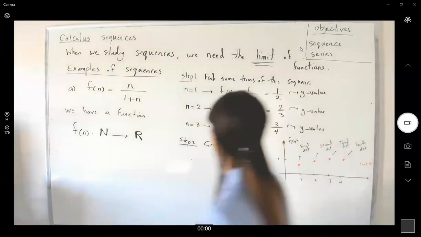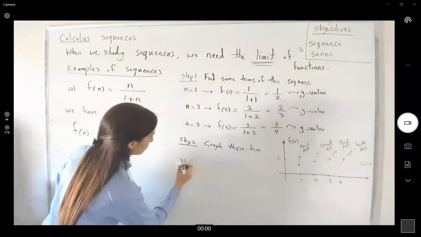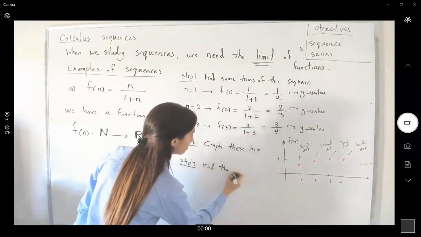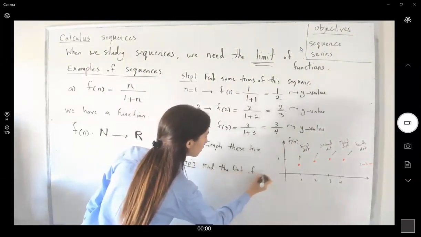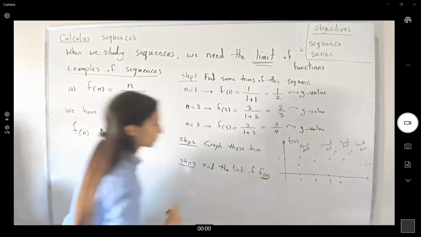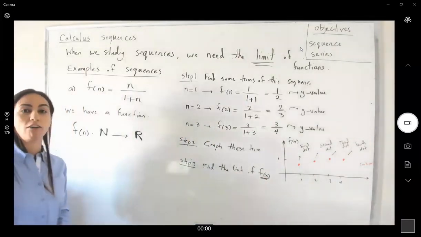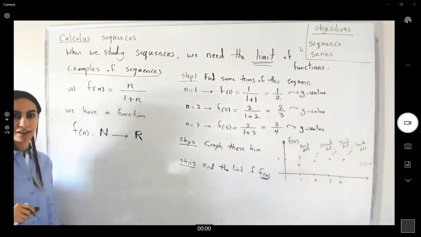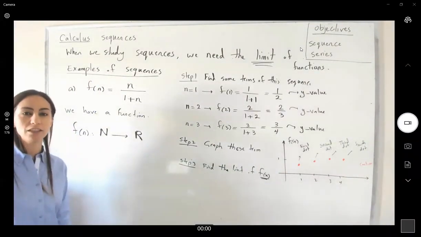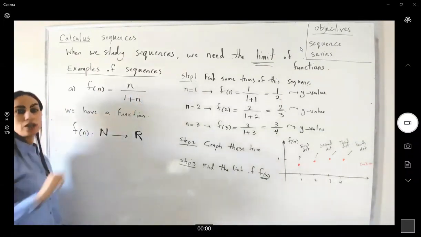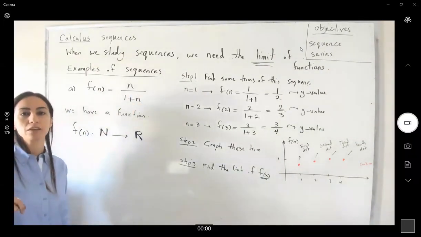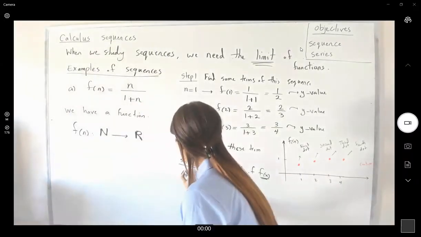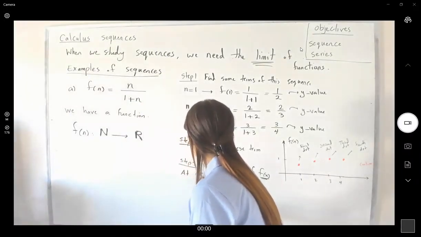Step 3: find the limit of f of x. Why are we finding the limit of f of x? When x goes to infinity and n goes to infinity, the behavior of these two functions is the same at infinity.